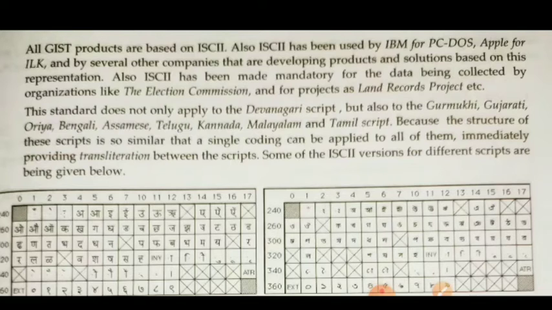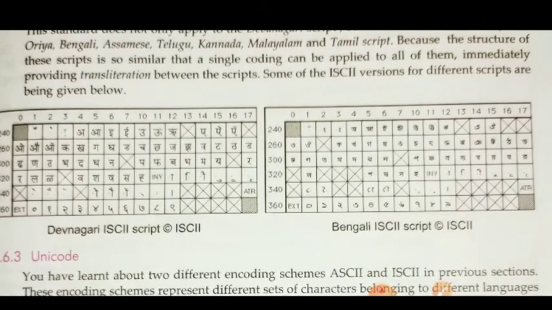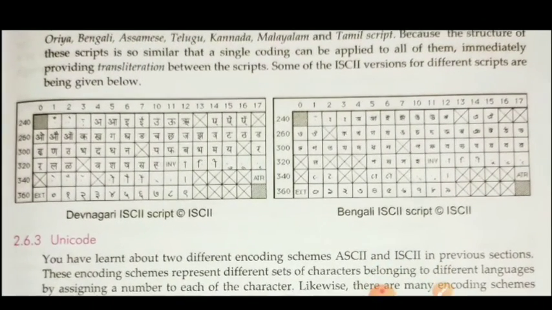Some of the ISCII versions for different scripts are given below. You can see here the Devanagari script and the Bengali script. These are given here, and you can see all these things.